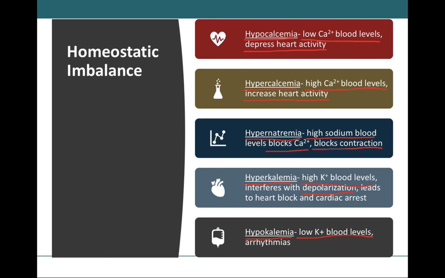If our heart cannot depolarize, that is called a heart block. Hypokalemia, referring to low potassium levels in the blood, can lead to irregular heartbeats, which we call arrhythmias. So as you can see, the different levels of these different ions in the bloodstream will all play a major role on the activity of the heart.